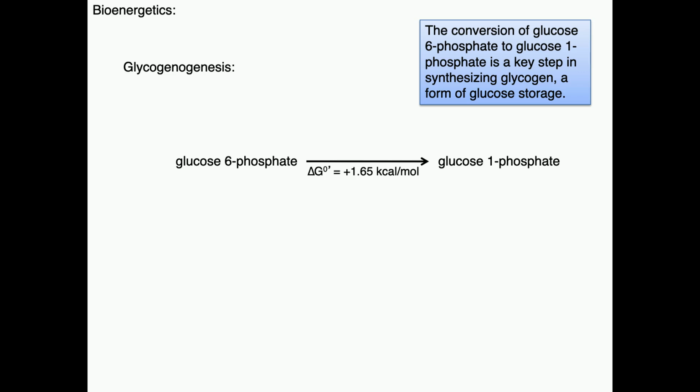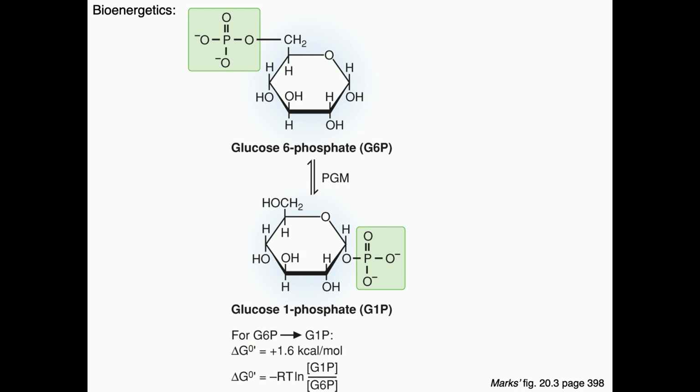Now this is a reversible reaction, as I mentioned. If we go this way, the delta G0 prime is positive. If we go this way, it's negative. It's the same value, just the inverse of it. The delta G0 prime represents the energetic changes when we have equal concentrations of glucose 6-phosphate and glucose 1-phosphate within our test tube, 1 mole of each.